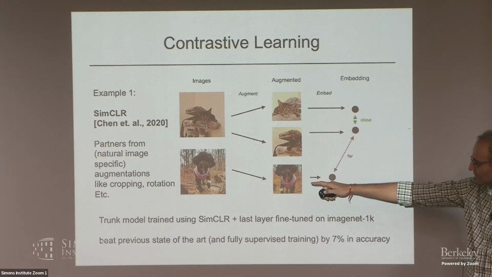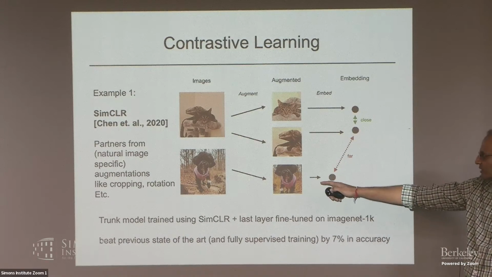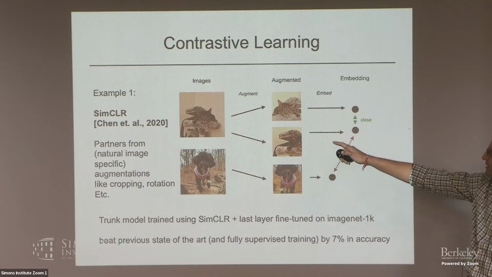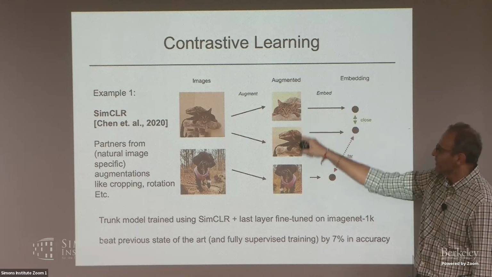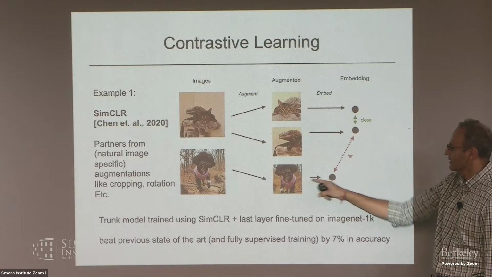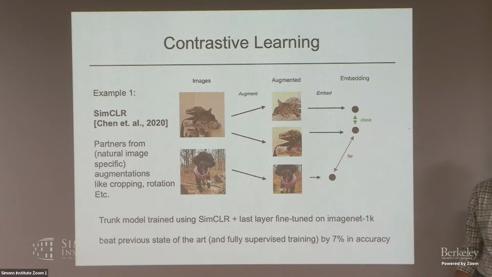Then you take another image and maybe one of its augmentations. And then the loss will try to make the embeddings of the pairs close by and the embedding of this one far away. That's it. So you learn some ResNet body, the trunk without the prediction head, so that the final embeddings satisfy this kind of similarity. Does this seem clear?